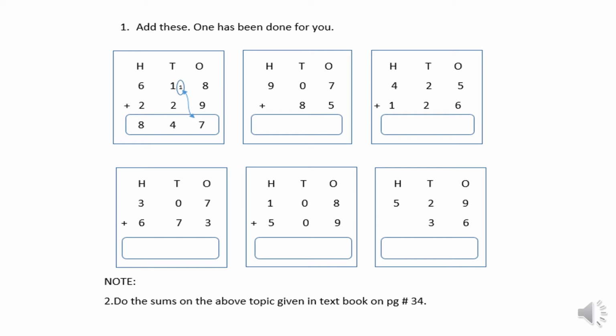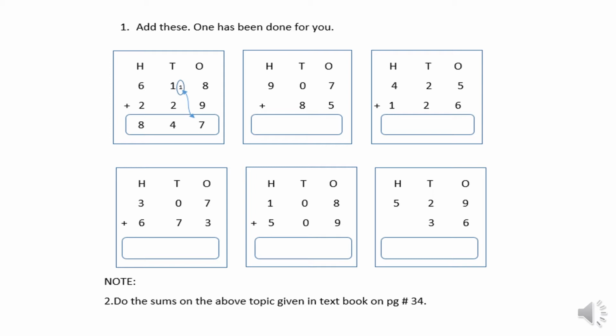So we will write 7 in ones and we will carry 1 to the tens. In tens we have 1 and 2, and when we add this 1 in tens we will get 4. And in hundreds we have 6 and 2 and their sum is 8. So the answer is 8 hundreds, 4 tens and 7 ones.